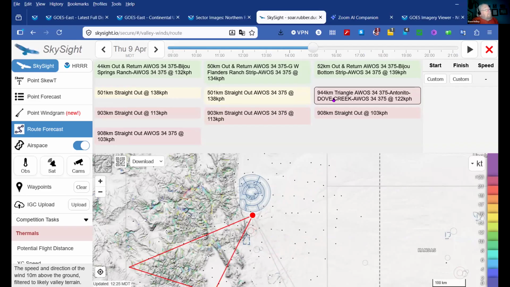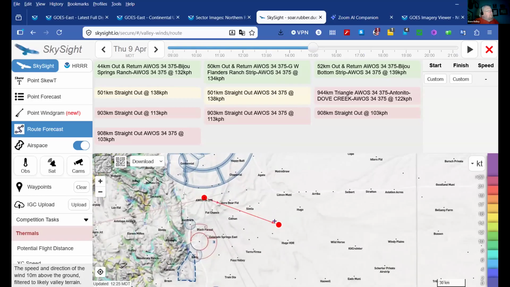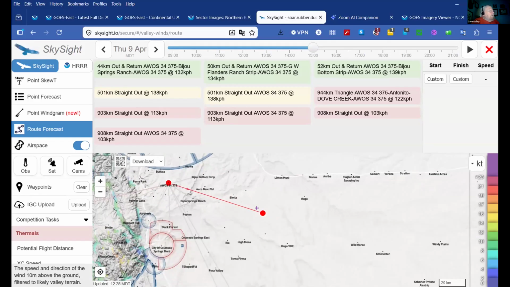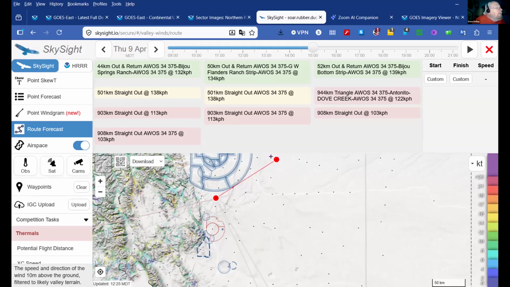So it's going to give you hints about where you could go based on what it sees for the day. Now, of course, again, you have to interpret this and say, is that a flight that I really want to make? The other place where this comes in handy is, let's say I want to do, let's come up here.